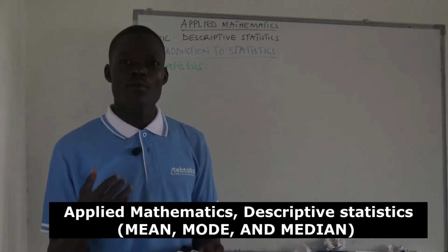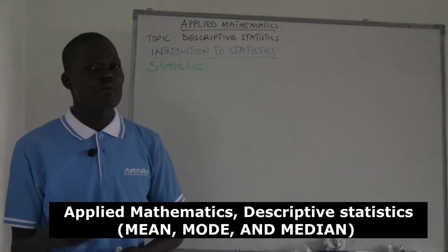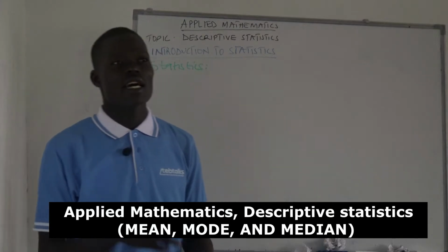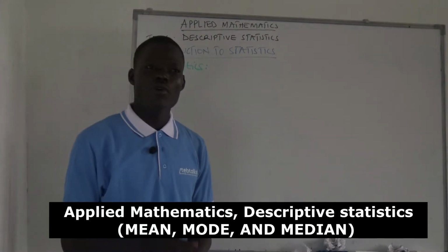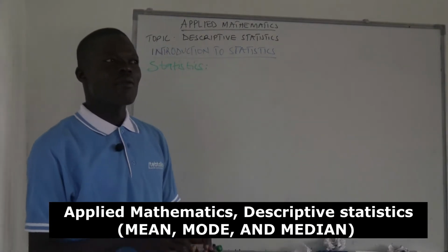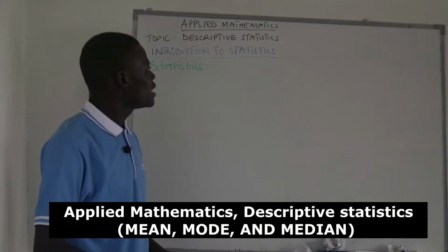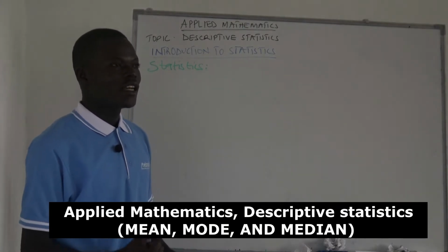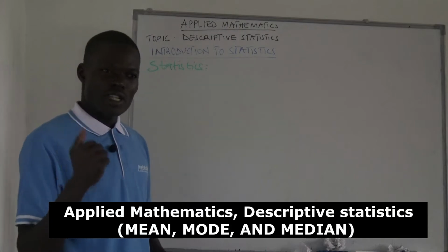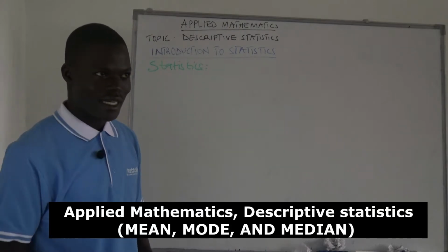They count your household, the number of people living in that household, the number of animals you have, your assets, and the amount of land you have. That data collected, or that information collected, is what we are calling data.